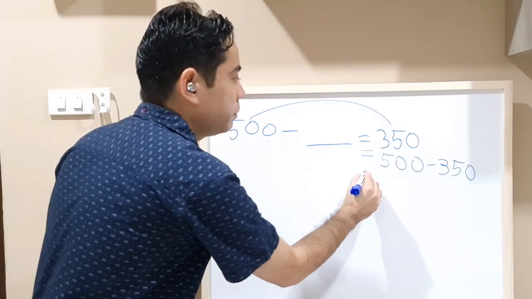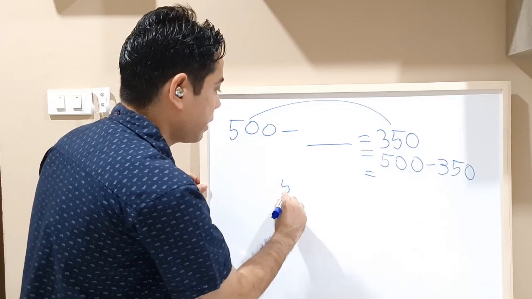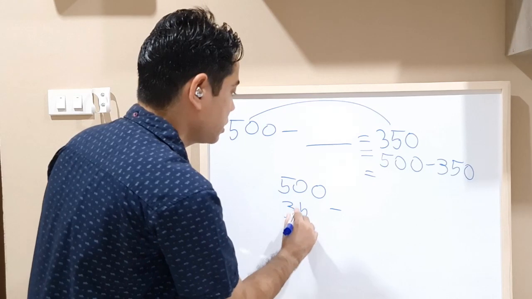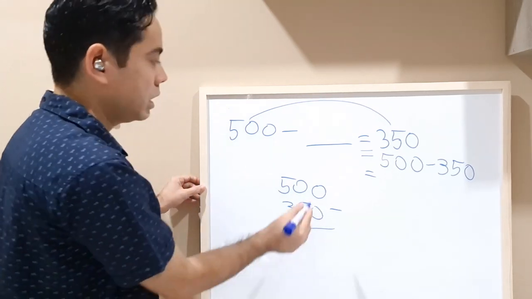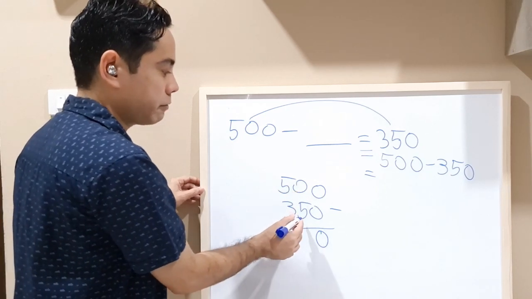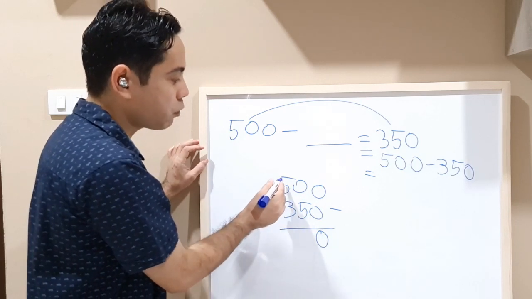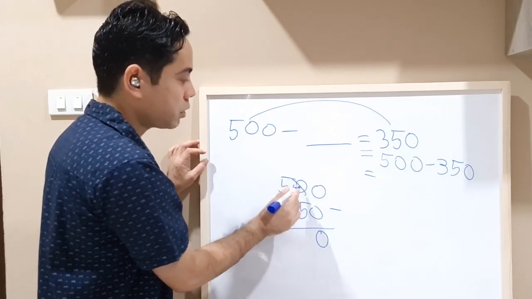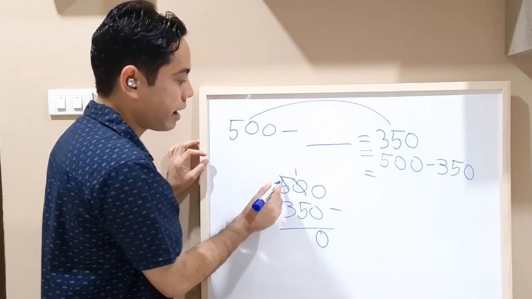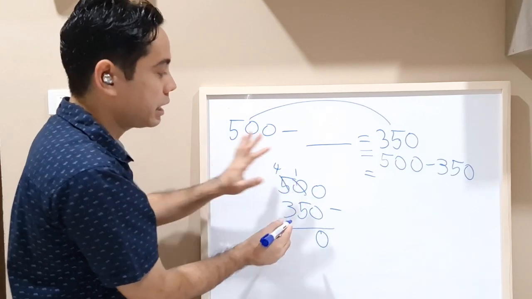Let us subtract. 500 minus 350. 0 minus 0 is 0. 0 minus 5 cannot be, so we need to borrow from our neighbor. 0 will become 10 because it borrows from 5. 5 will become 4. So now we can subtract.